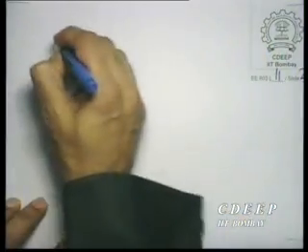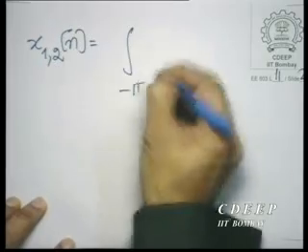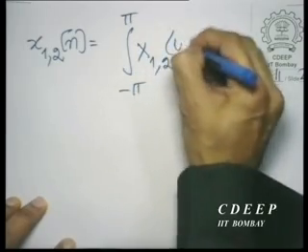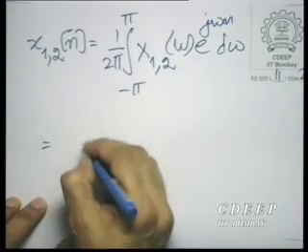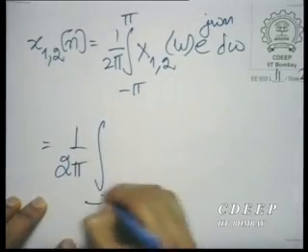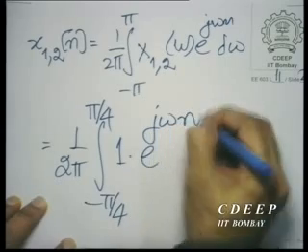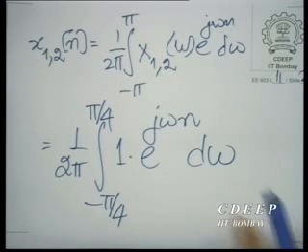So, we have x1 or for that matter x2 of n is the integral from minus pi to pi of X1 or X2 of omega e raised to the power j omega n d omega divided by 2 pi, and this of course boils down to 1 by 2 pi integral from minus pi by 4 to pi by 4 of e raised to the power j omega n d omega. This is a very easy integral to evaluate. In fact, it takes us only a minute to evaluate it.